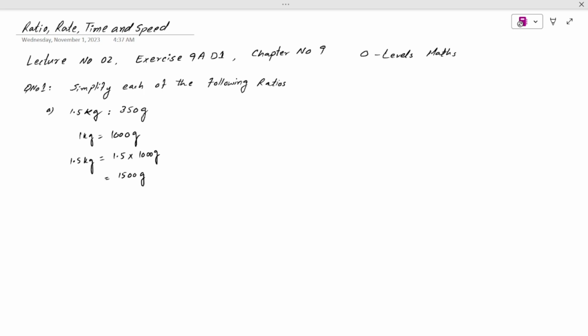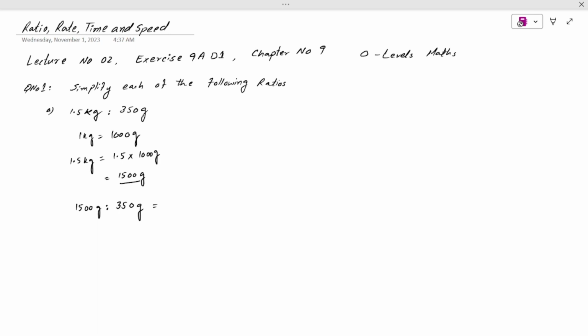It means 1.5 kilograms can be replaced by 1500 grams. So let us write 1500 grams in place of 1.5 kilograms ratio 350 grams. Now this is the ratio which can be simplified.